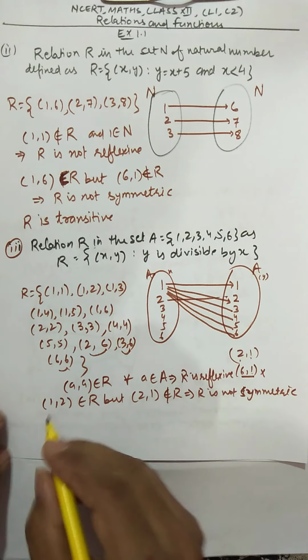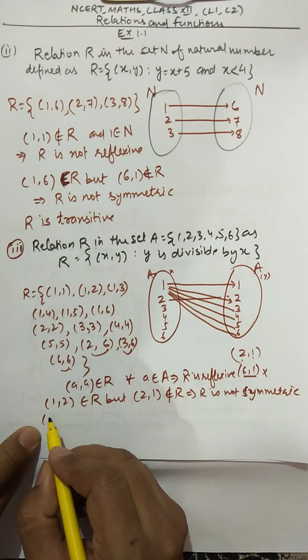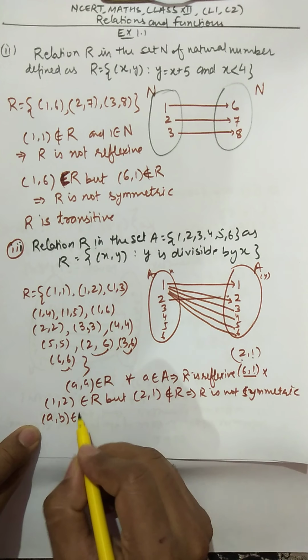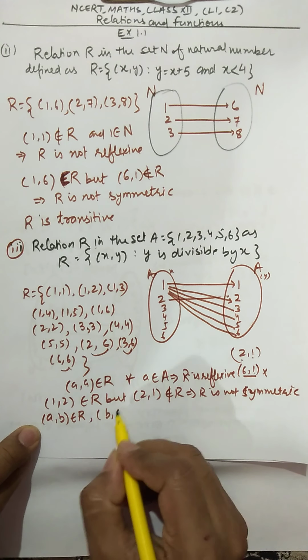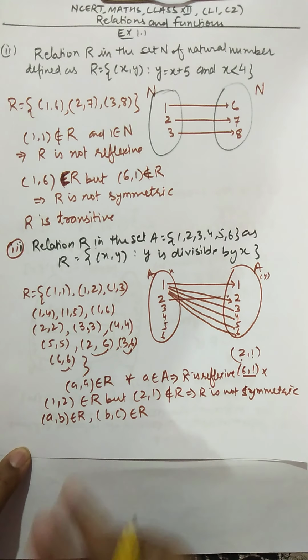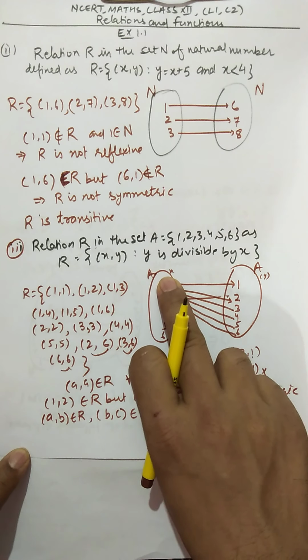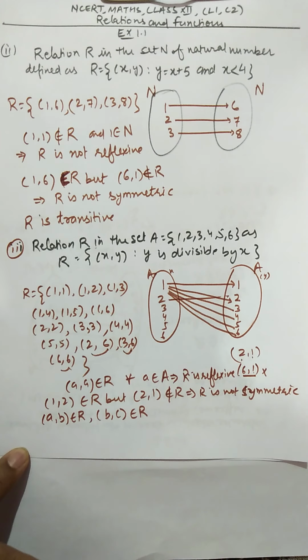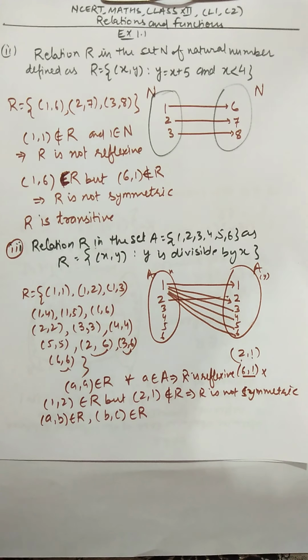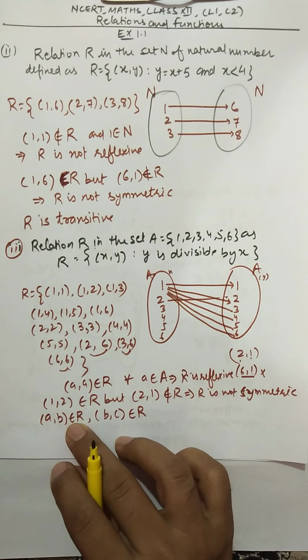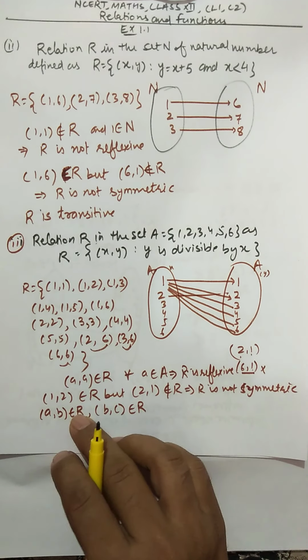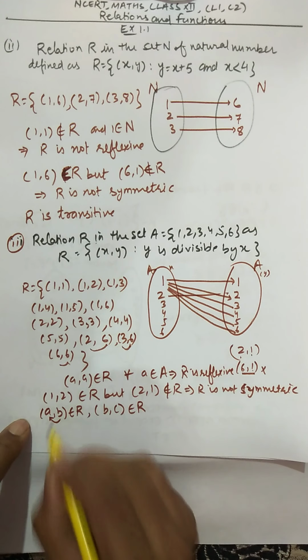But how will we write it? So we'll say that (a, b) belongs to R, (b, c) belongs to R, where a, b, c are elements of A. So we can say (a, b) belongs to R means b is divisible by a.